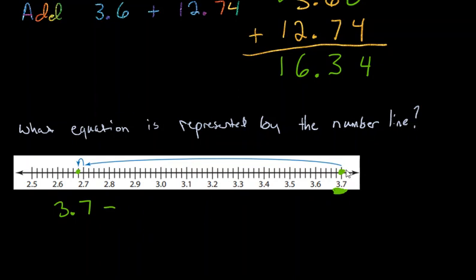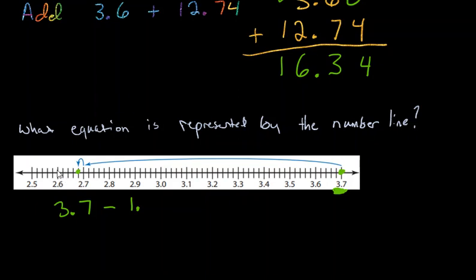Then I'm going to subtract. So let's see how much they took away. Well, they went from 3 and 7/10 to 2 and 7/10. So they subtracted one whole number there. And then they took away one little move. But let me figure out, is that tenths or is that hundredths? Well, if I look here, I have 2 and 5/10, 2 and 6/10, 2 and 7/10. So it's not going to be tenths, but I think they took away hundredths.